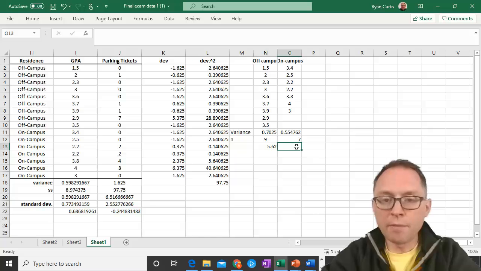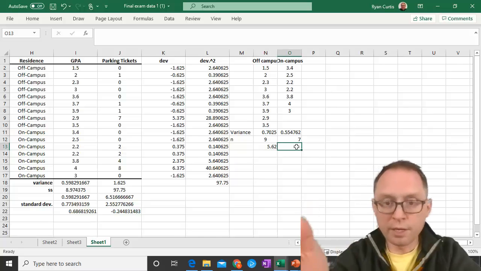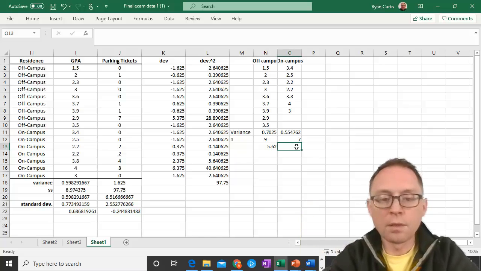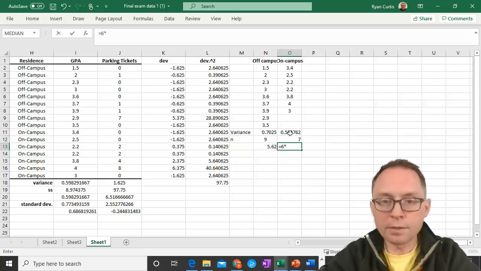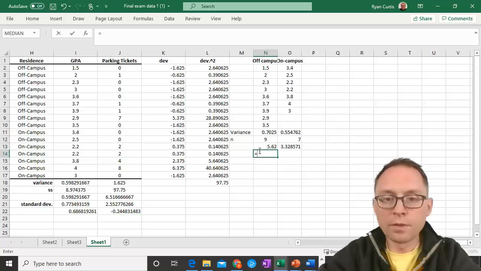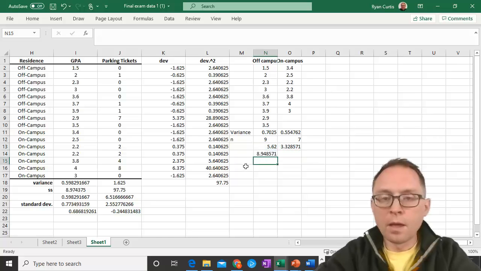And this is going to be n minus 1, which is 7 minus 1, which is 6, times the variance. All right, we add those together. So this plus this. And then we divide that by the degrees of freedom.